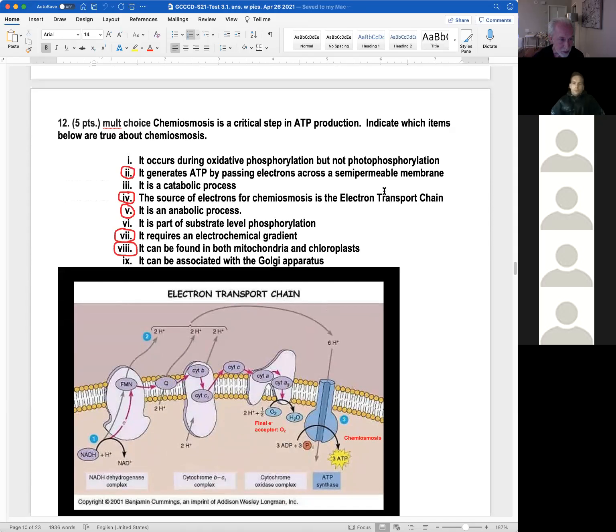The source of electrons is the electron transport chain. That's shown here on the left. You have these proteins embedded in the membrane that pass electrons one to the other until they finally get to the last step, which is chemiosmosis. It's anabolic. Why is it anabolic? What does chemiosmosis do?